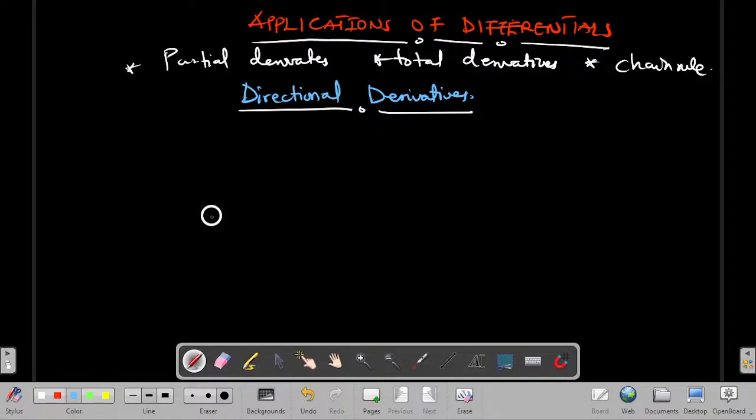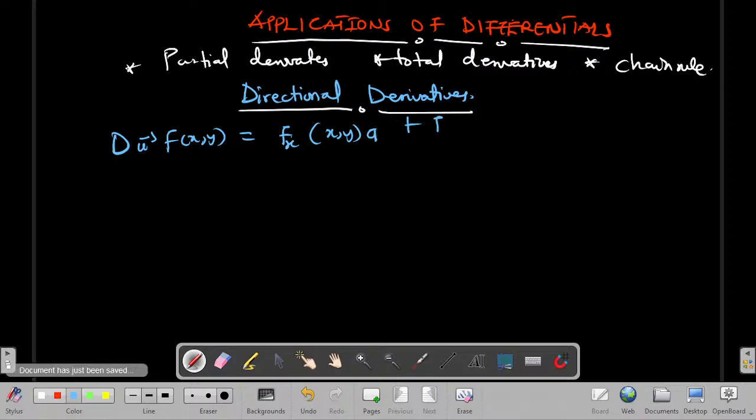The directional derivative, represented as D sub u, where u is a directional vector, of a function of x and y is given as the partial derivative with respect to x of f(x, y) multiplying a plus the partial derivative with respect to y of f(x, y) multiplying b, where a and b are your direction numbers. So your a and b are simply the direction numbers of the vector u.